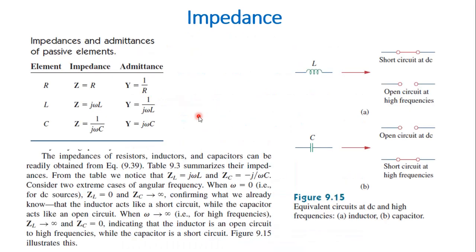So now here is a table which gives the impedances and admittances of passive elements. We will discuss the term admittance later.